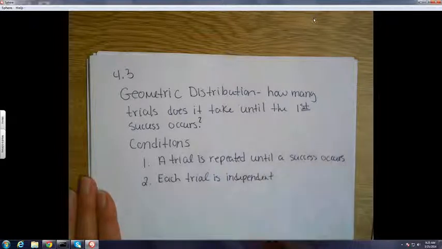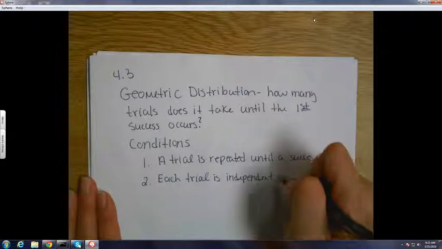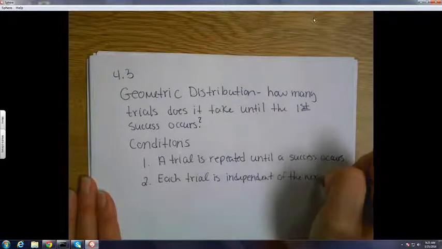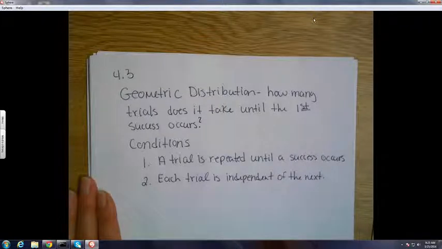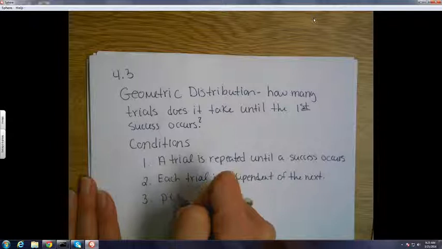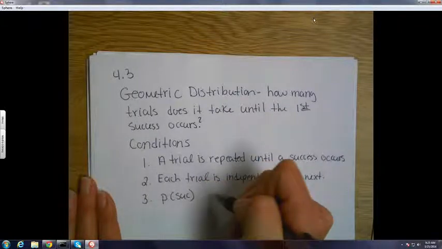What happens on the first trial doesn't affect the second one's sample space. And the probability of a success has to be the same on each trial.